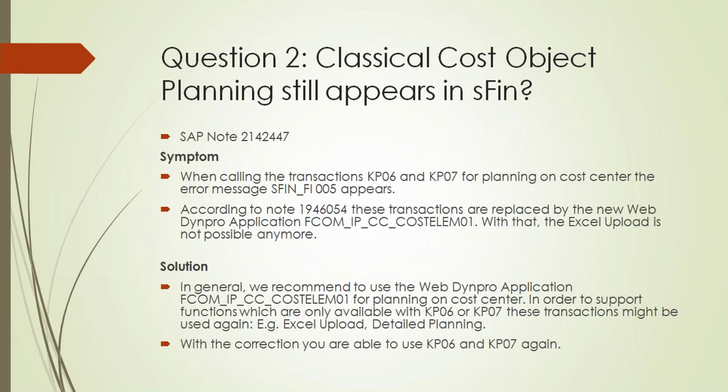But somebody was saying he has tried on their server and was still able to use the old transaction code for cost center planning. So this is an SAP note, in which SAP has recommended to go for integrated planning itself because it is a tool which will be used for all different types of planning.